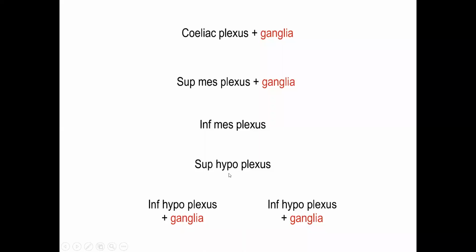The superior hypogastric plexus is located just below the bifurcation of the aorta. So technically it is in front of the L5 vertebra, not a pelvic plexus. The inferior hypogastric plexuses lie on either side of the rectum.